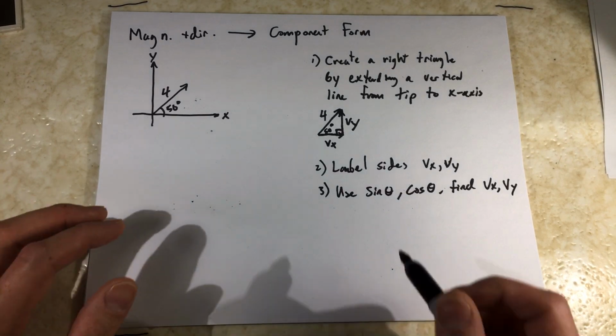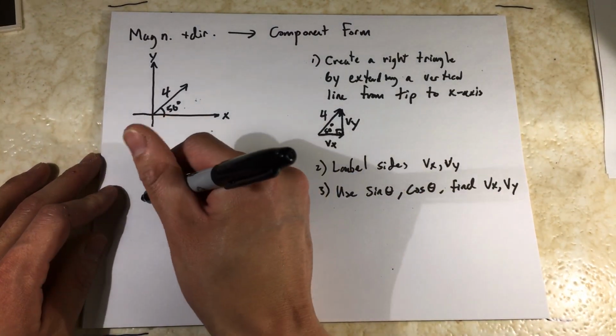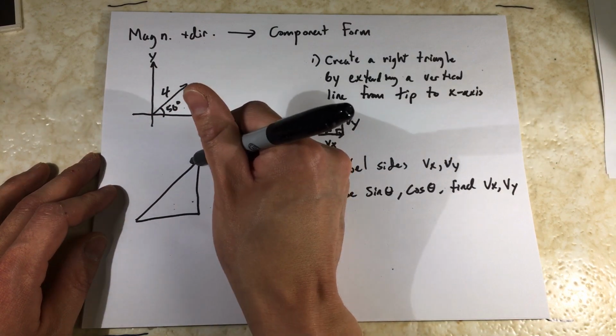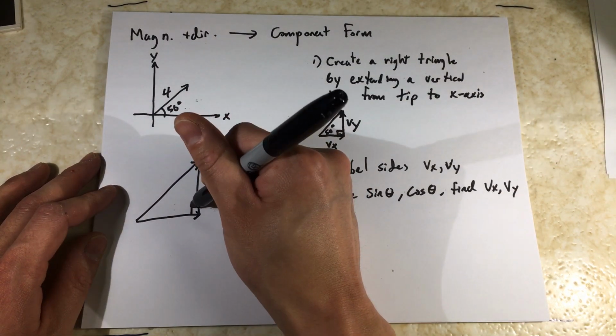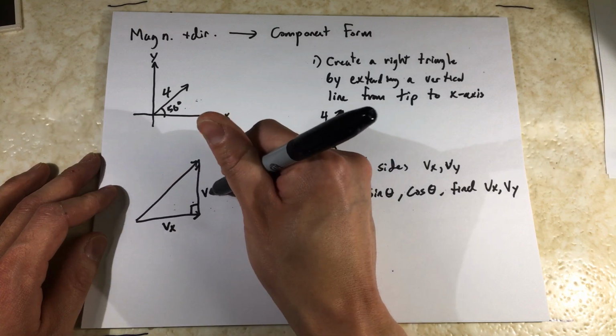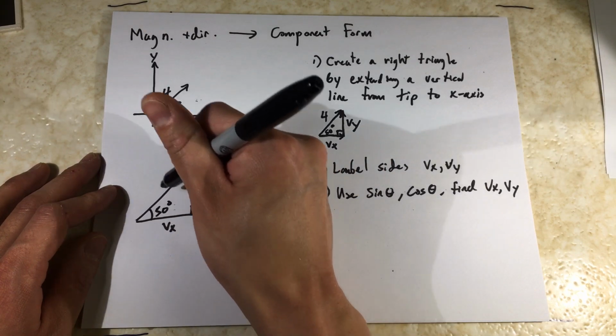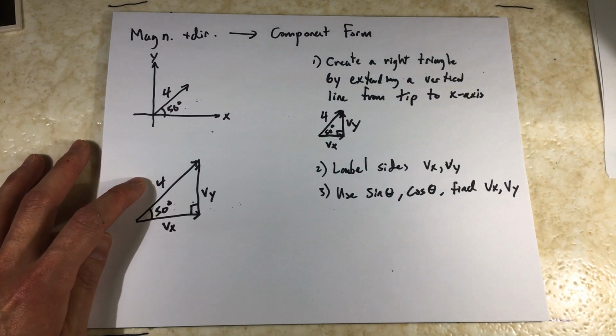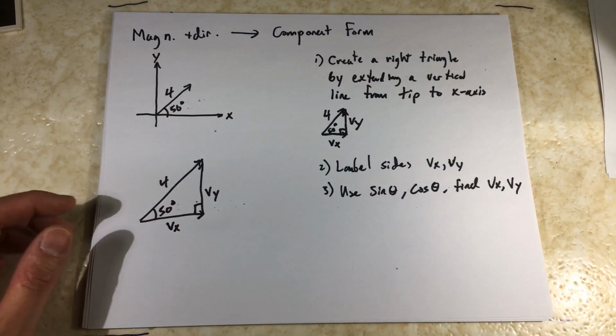All right, so that's what we're going to do. We have our triangle here. I'll draw it a little bit bigger. So we go right and up. We have Vx, Vy, 50 degrees. And in our triangle, the magnitude is always going to be the hypotenuse, so the magnitude is 4.